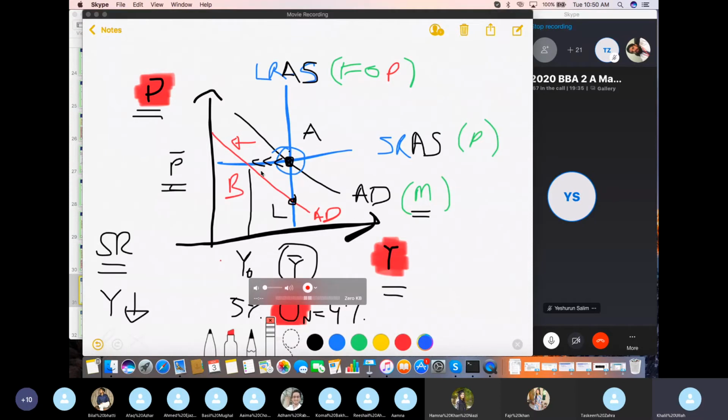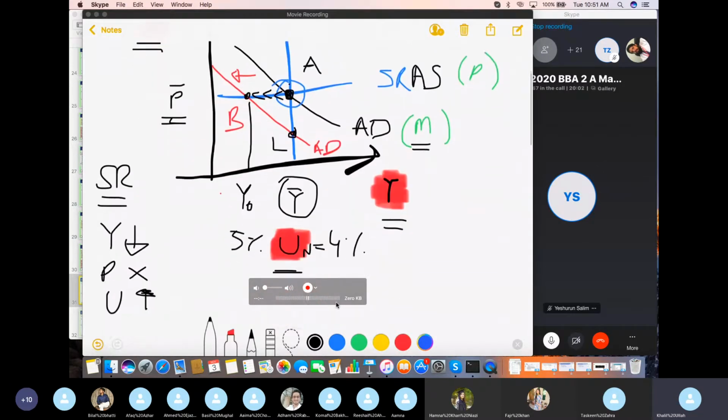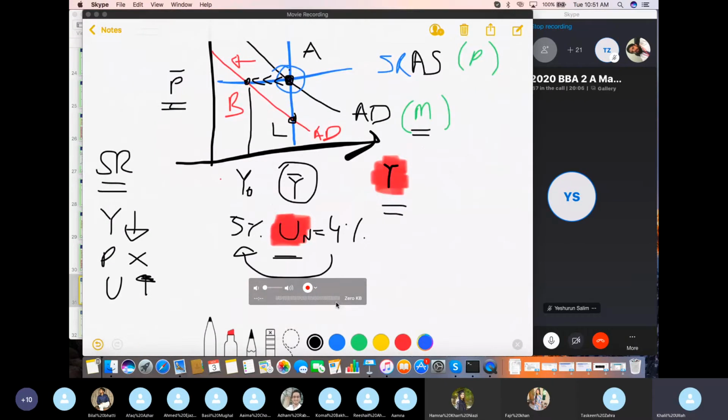In the short run at point B, nothing happened to price levels. Price levels at A were P bar, and at point B, if you read the graph, it's still P bar. However, GDP has fallen, and when GDP falls, unemployment increases. I have just shown how it increased from 4% to 5%.